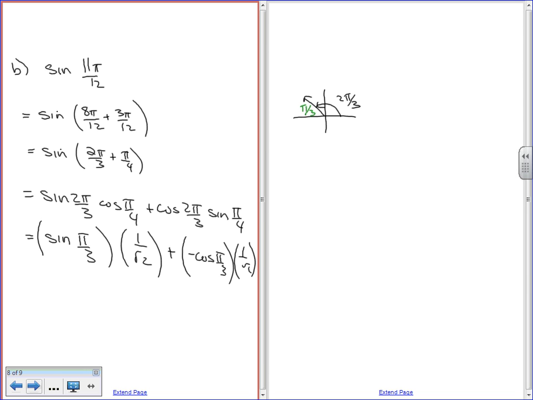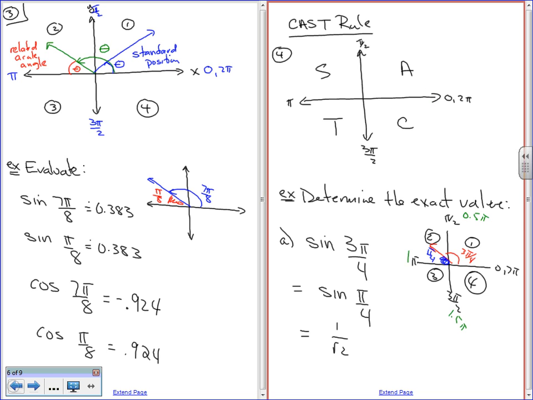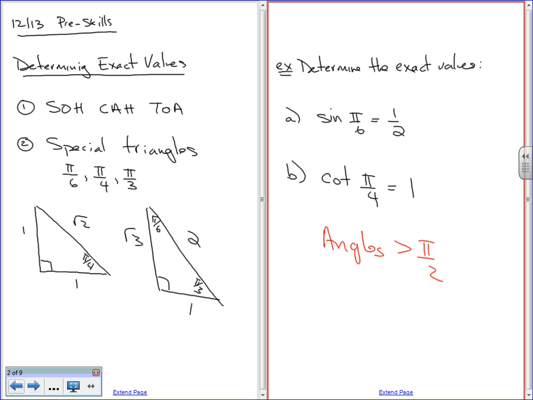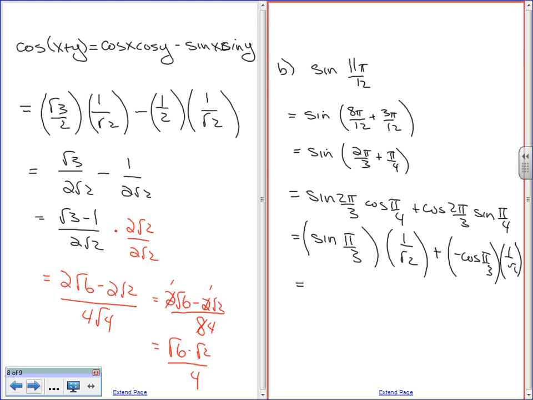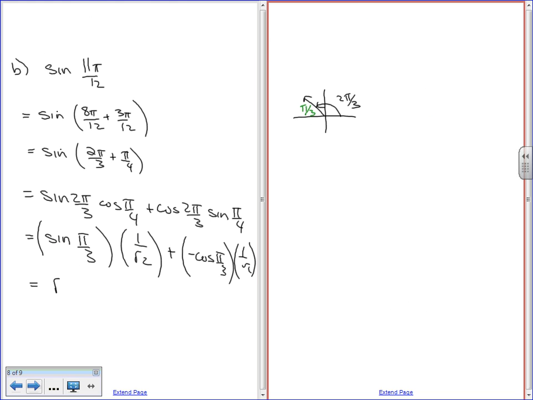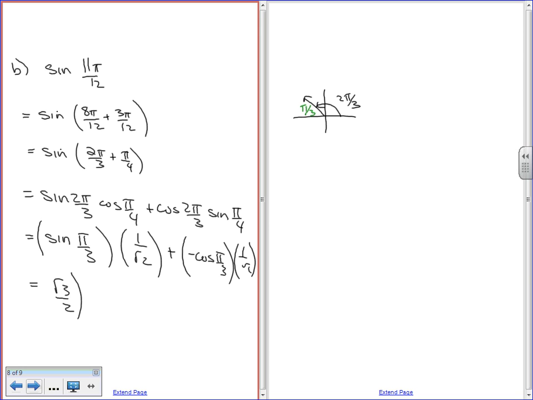So now I've just got to go back to my special triangles and evaluate the sine of pi over 3. Here's pi over 3. The sine is the opposite side over the hypotenuse, so root 3 over 2, and I'm multiplying that by 1 over root 2. This plus and this minus together make a minus.